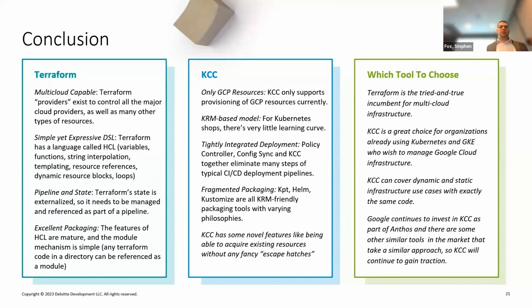There are some mature tools out there like Helm, but there are also many other different tools. So you've got to figure out which one is the right packaging approach if you are going to adopt KCC. There's no concept of a module in KCC. You're just deploying individual resources. So that is lacking in KCC at the moment.